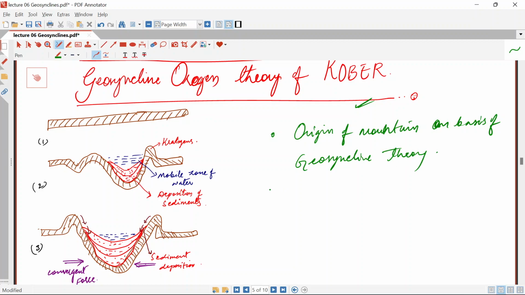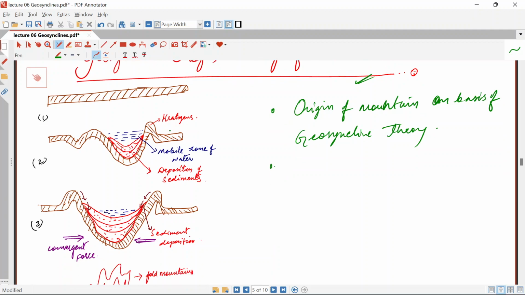According to him, there is a mobile zone of water, which we can see from the above diagram.